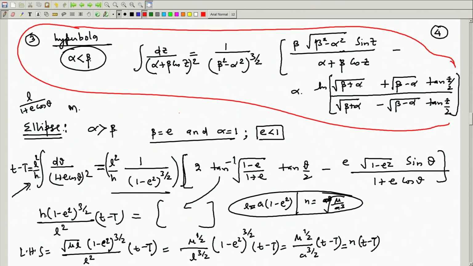So, we do this, and thereafter we will do it by some other method, which will be quite interesting to look into. We will finish this part and then go into the next step.